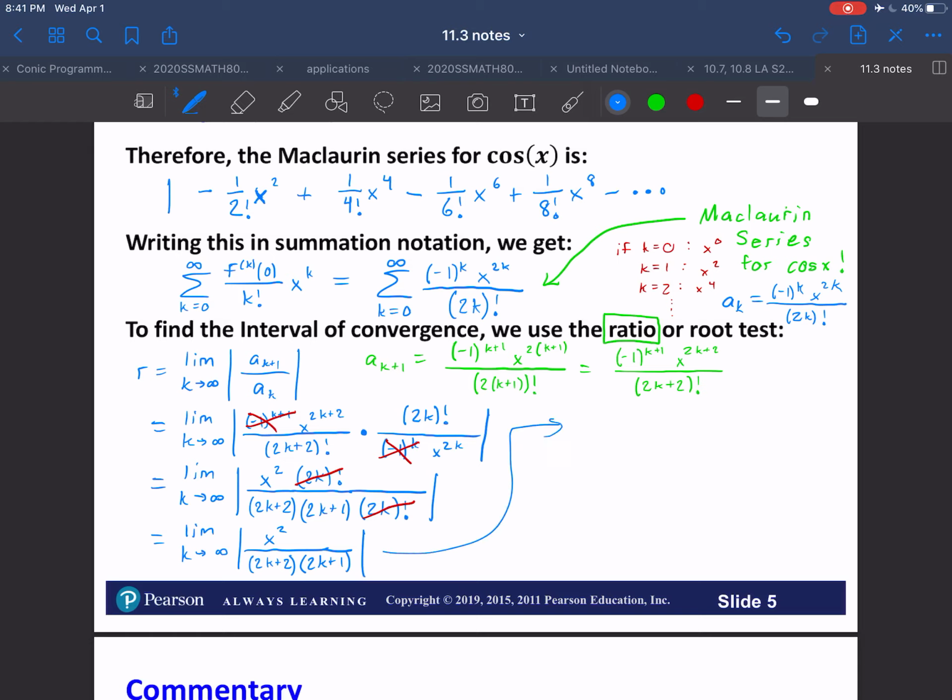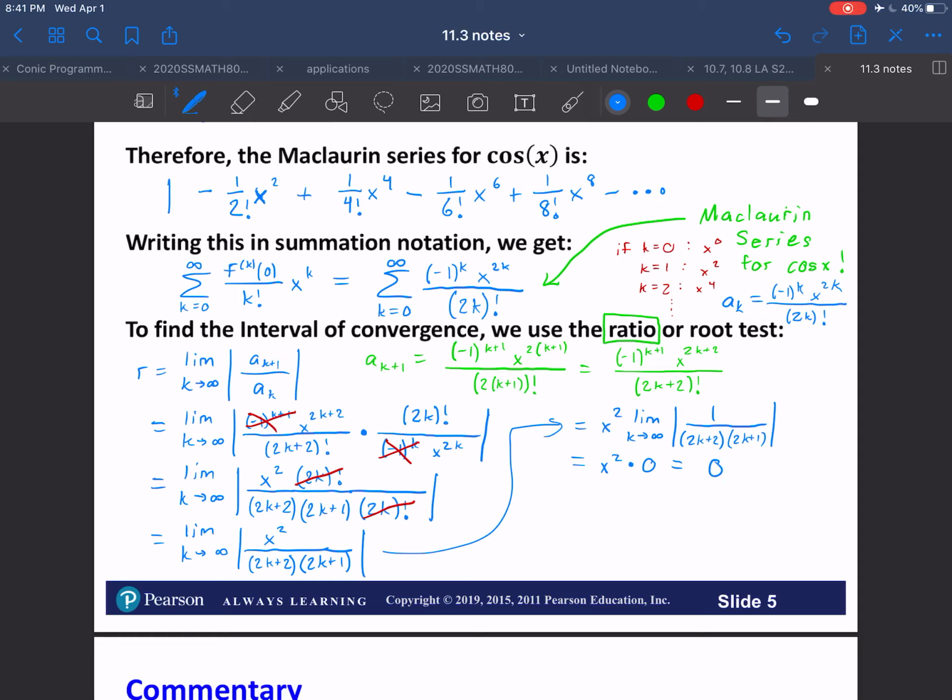So let me do that here. This is equal to x squared times the limit as k approaches infinity of the absolute value of 1 divided by 2k plus 2 times 2k plus 1. And of course, that limit is just equal to 0. And so what we end up with is x squared times 0, which is just 0.